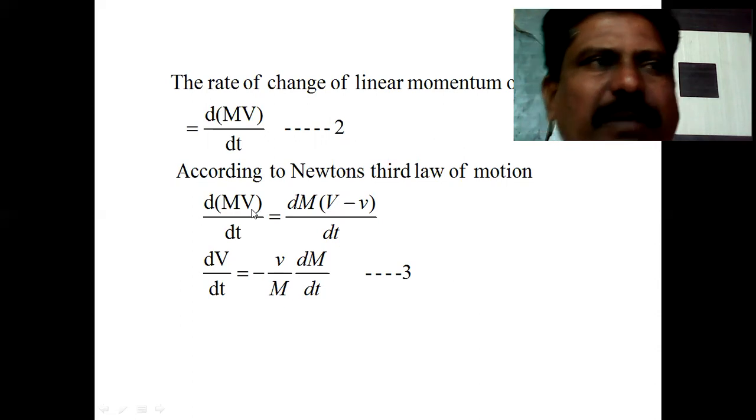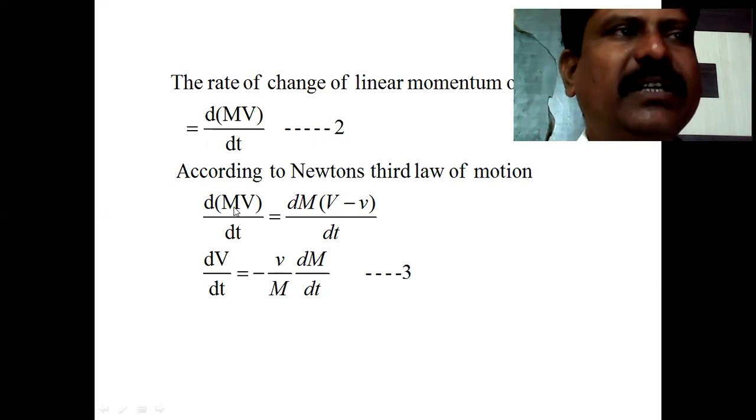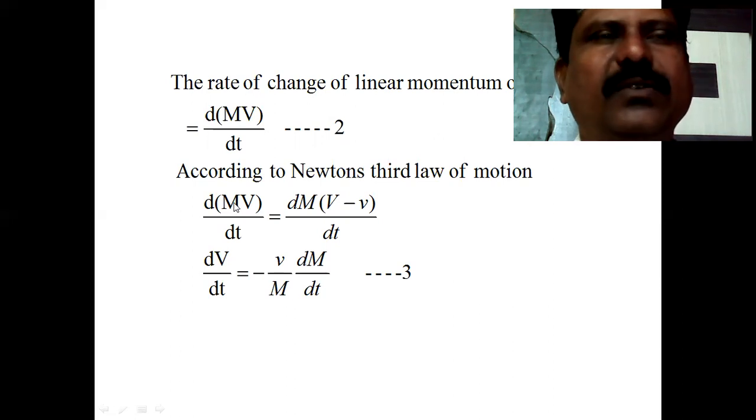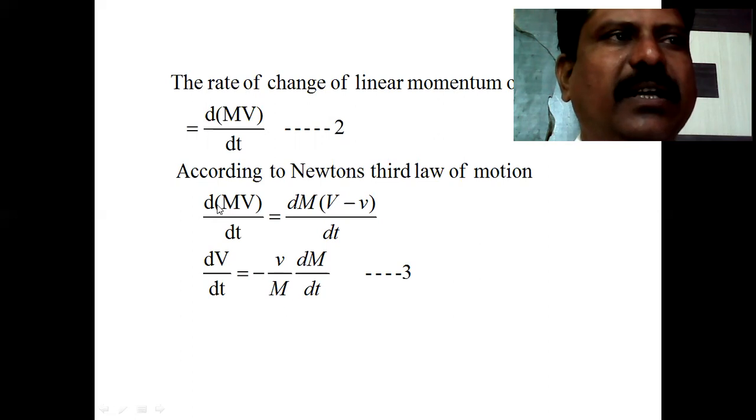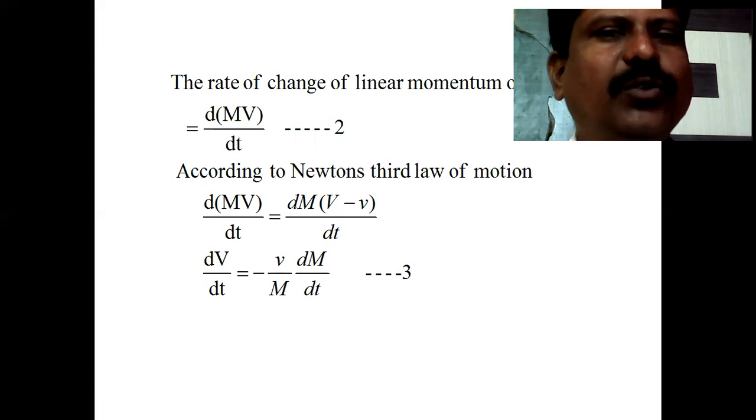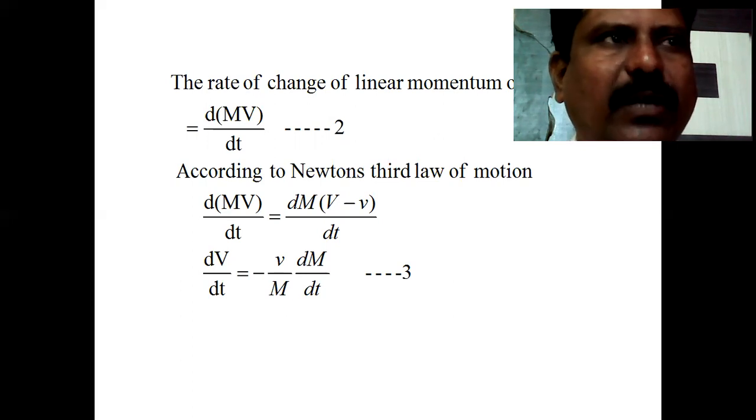Here, in the rate of change of linear momentum of the rocket, the mass is a variable and goes on changing. That's why you differentiate this quantity with respect to time using the u into v method, and simplify these two equations.